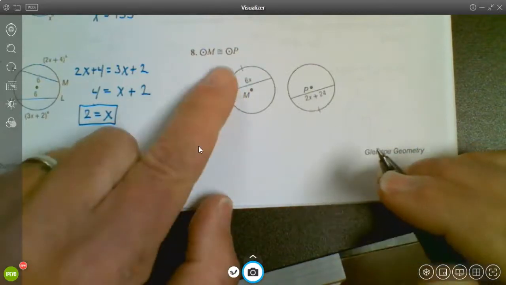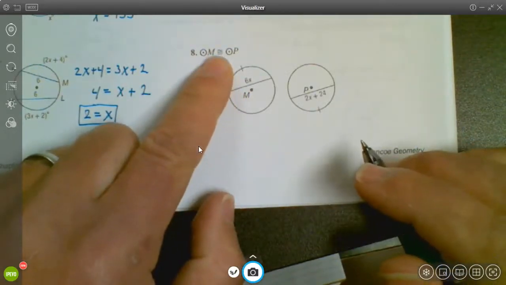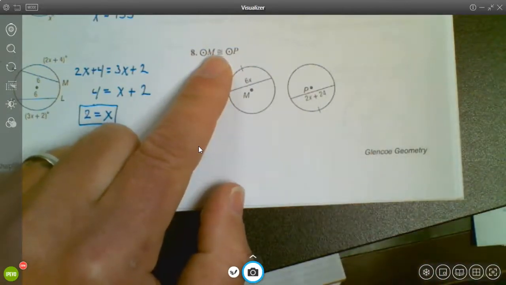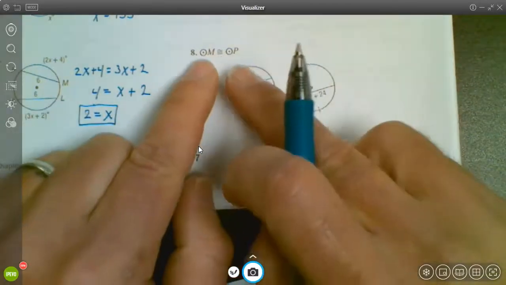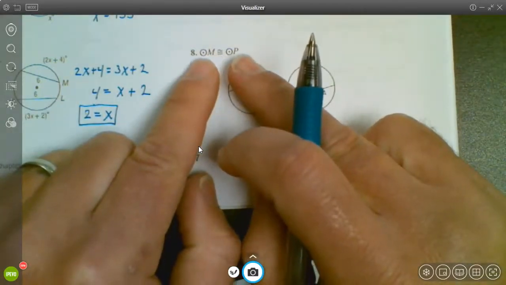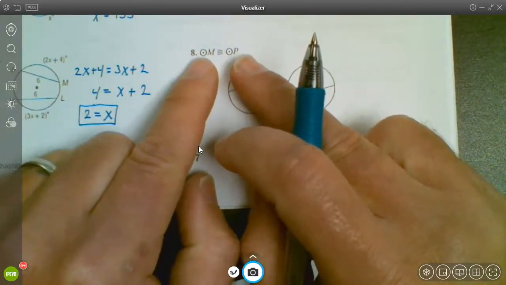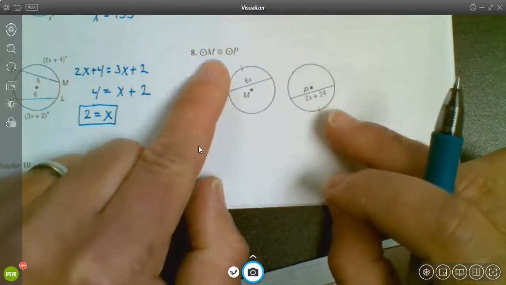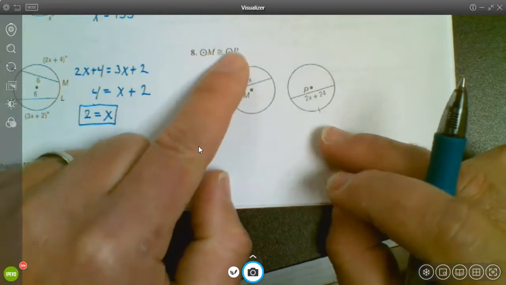But that's only true if they're within the same size circle. So they either have to be in the same circle, like all the other ones have been, or they have to come from the same sized circle, which these two are. These are the exact same circles, right? So the rule still applies in this case because they are the same size circle.